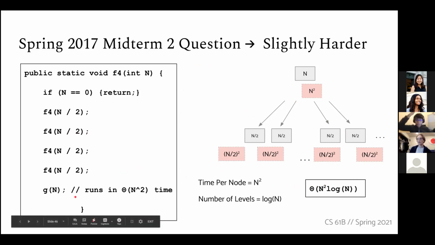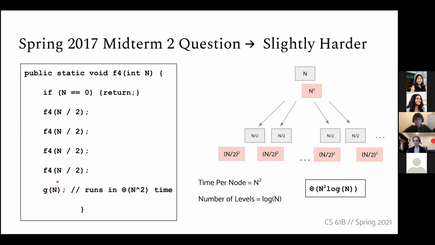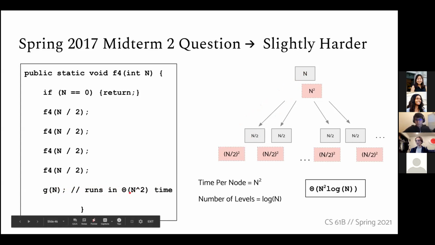Yeah, the g of n is where the work is being done for every node. So each node has to call g of n, and this g of n is going to be doing theta of n squared work. So for any given function call, we take the input and we plug that into our g of n. So for the topmost layer, that resulted in g of n of theta of n squared work.